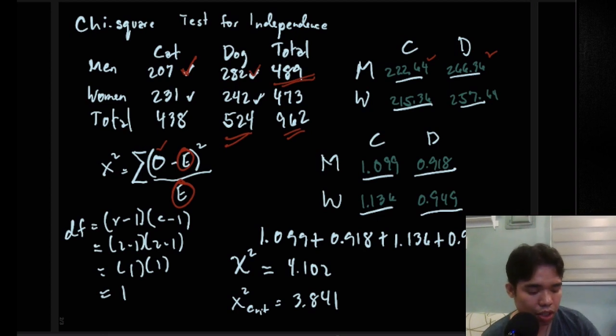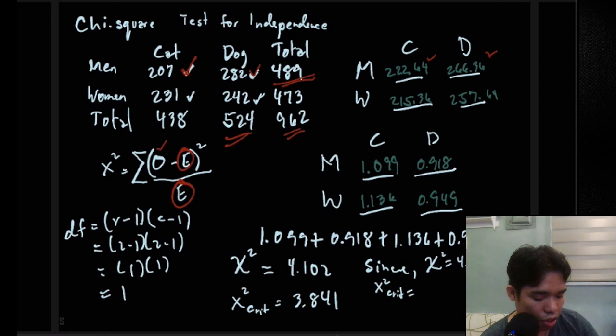Okay, so since the chi-square 4.102 is greater than the chi-square crit, which is 3.841, therefore, we reject H0, or the null hypothesis.